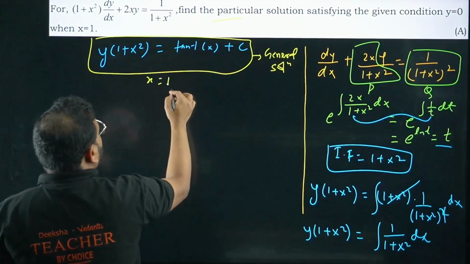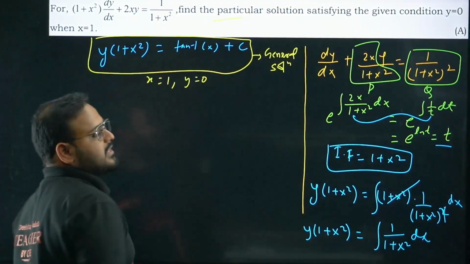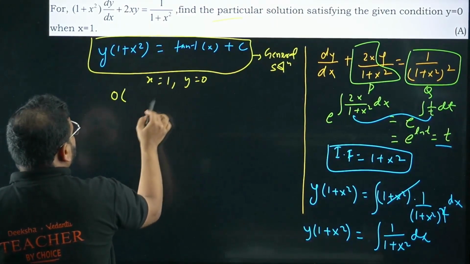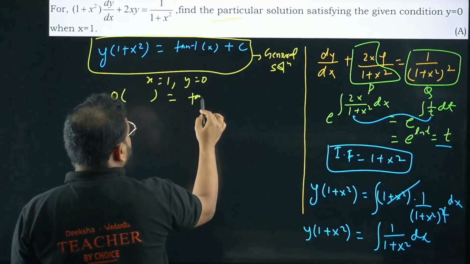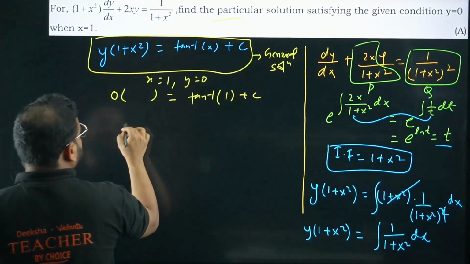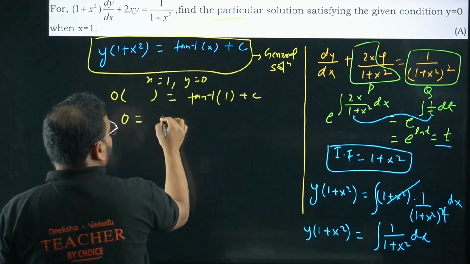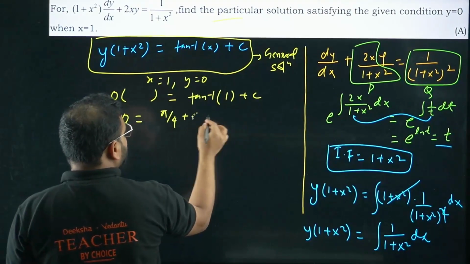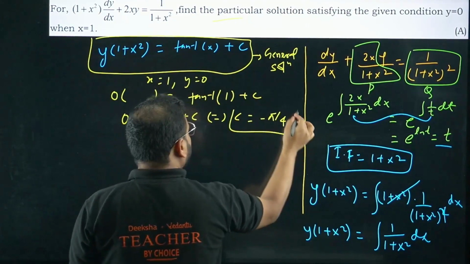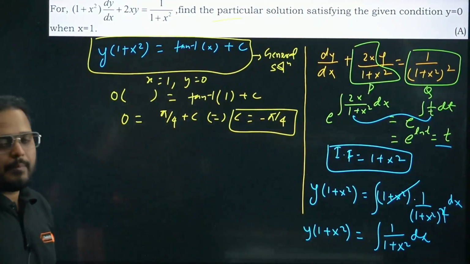X is 1 and y is 0, to find the value of c. Y is 0 means 0 times anything, doesn't matter. I get tan inverse of 1 plus c equals 0. Tan inverse of 1 is pi by 4, so pi by 4 plus c equals 0, leaving the c value as minus pi by 4.